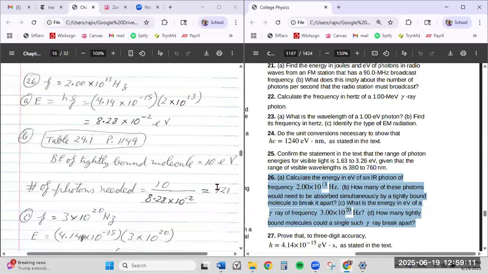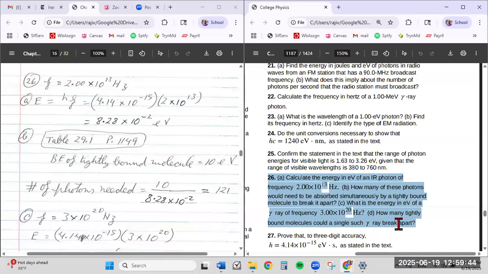So you're looking for an energy of 10 electron volts, and what you have is 8.28 times 10 to the negative 2 electron volts per photon. So the question is, how many photons are we going to need? So you just divide 10 by the energy of each photon. So you will need 121 photons to break that molecule.